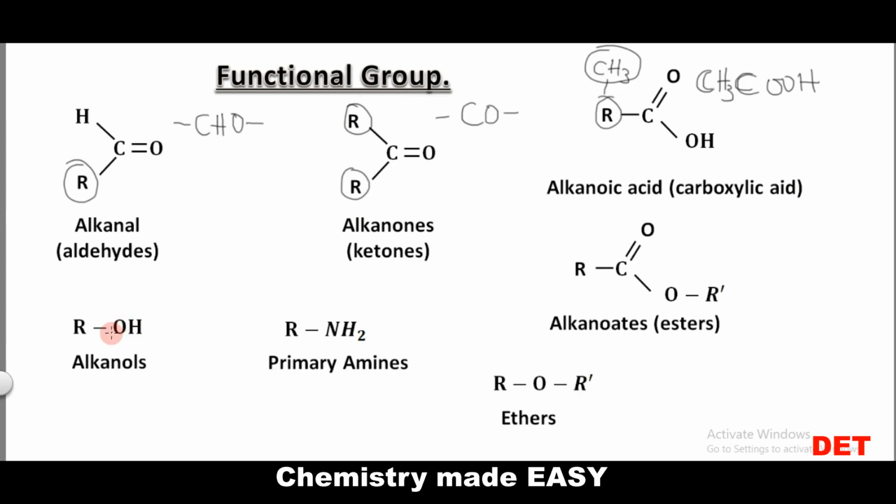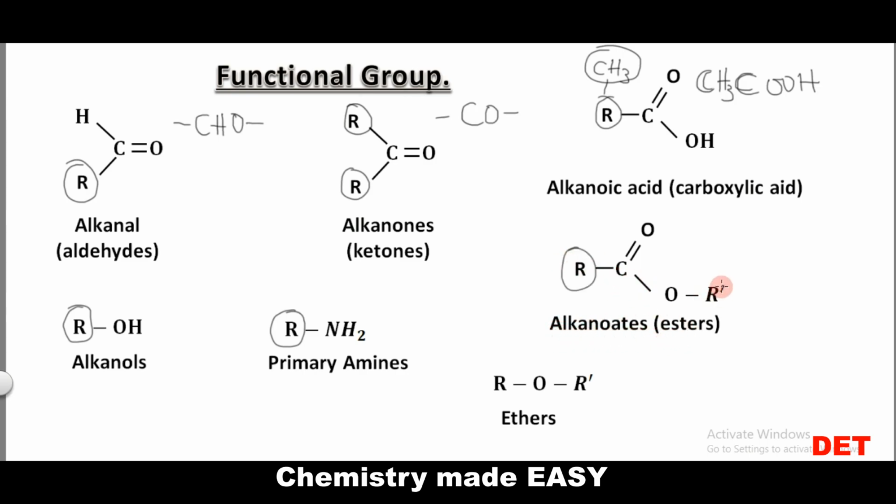Then this is the alkanols. This is the functional group of the alkanol, OH. The arrow that you see here is the alkyl group. Then this is the functional group for the primary amines, NH2. The arrow that you see here is the alkyl group. Then this is the functional group for the alkanoates, also known as esters.